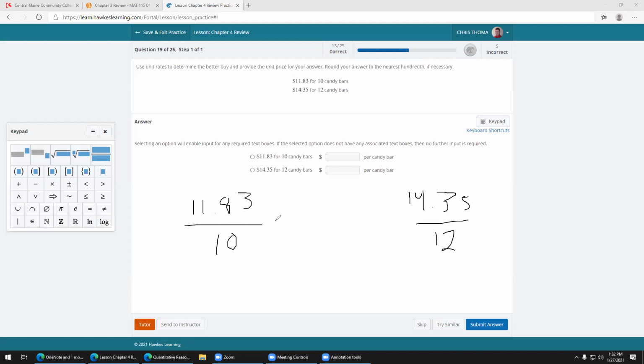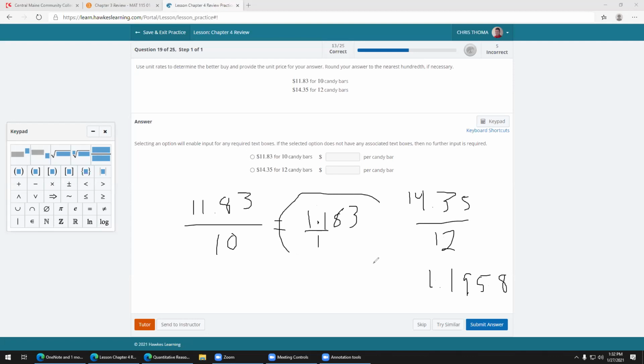We need this to be 1 on the bottom. So I basically divide both by 10. So 11.83 divided by 10, I'm paying $1.183 per candy bar. And then if I take 14.35 and I divide that by 12, I am paying $1.1958 for each candy bar.